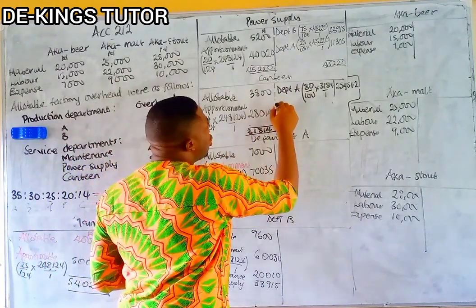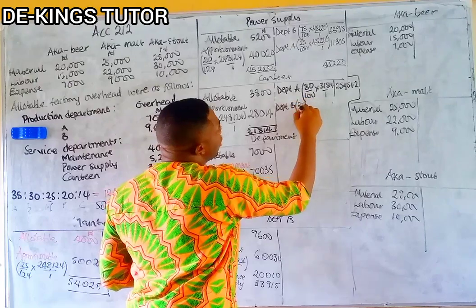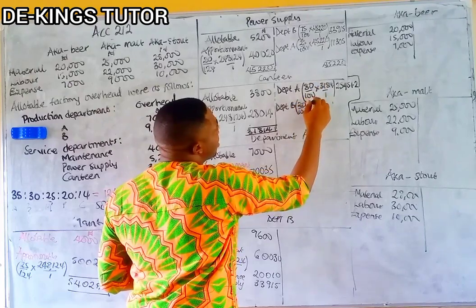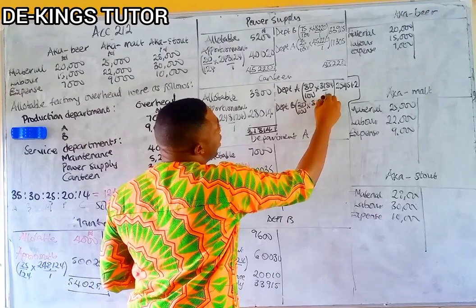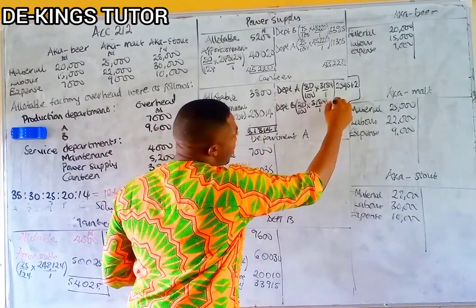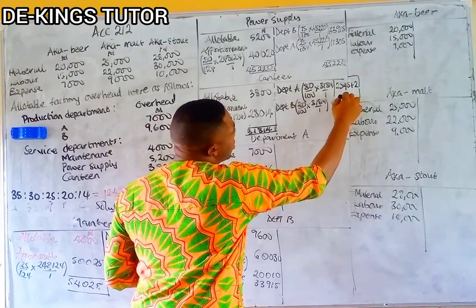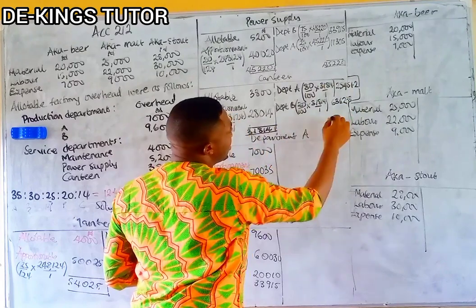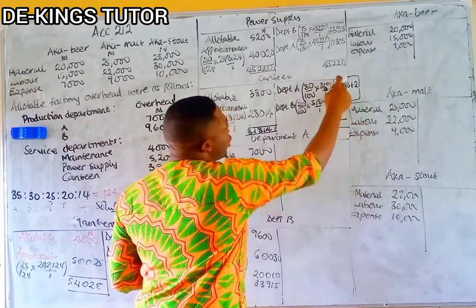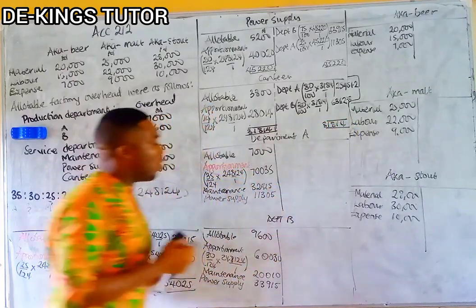Now they said the rest was used by Department B. So what would that be the rest? 20. So that's 20 over 100 times 31814. So what do we have? 6362.8. So if you add this together, it gives us 31814, right?